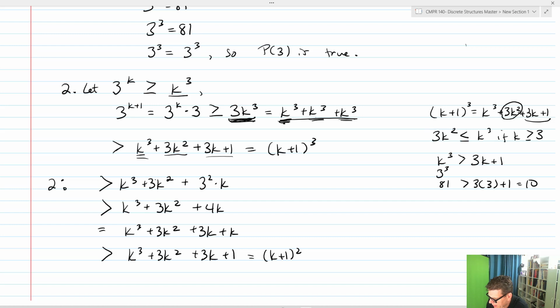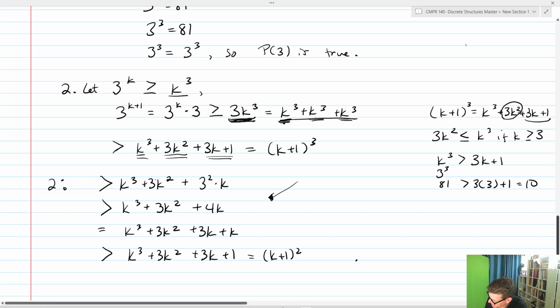So on the one hand, we could go term by term, making a comparison against the values in k plus 1 cubed when k is greater than or equal to 3. Or we have another one that's a little bit more algebraic, where we separate things out, still taking advantage of the fact that n is greater than or equal to 3. That's still a really important piece that we need inside of this proof.